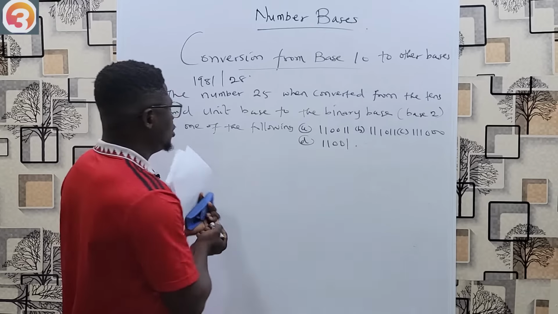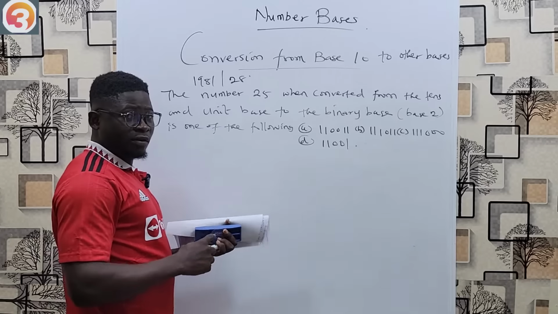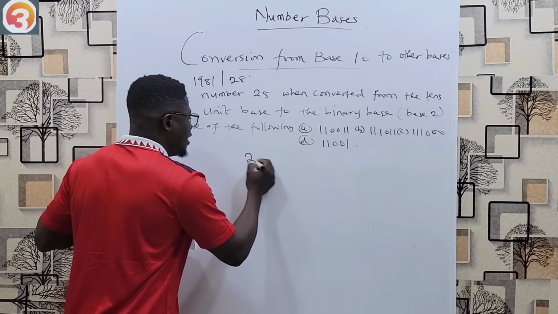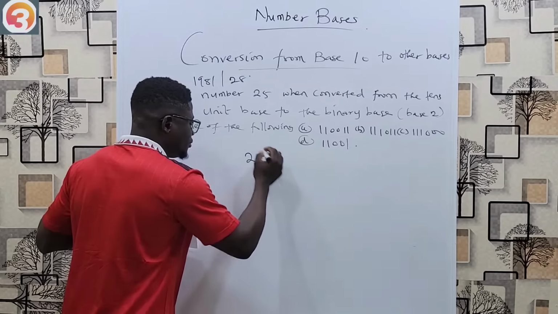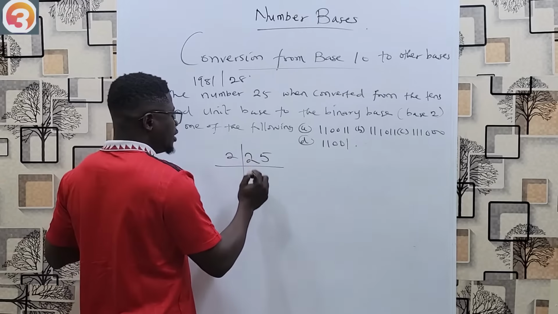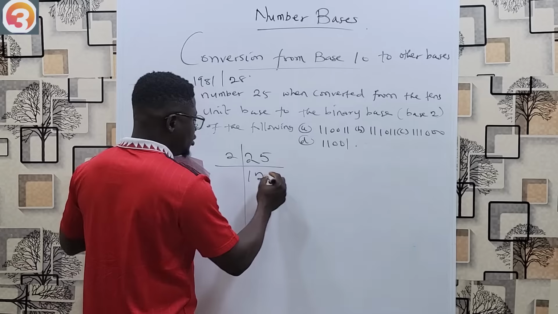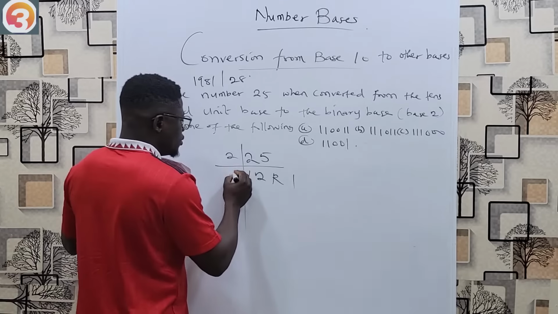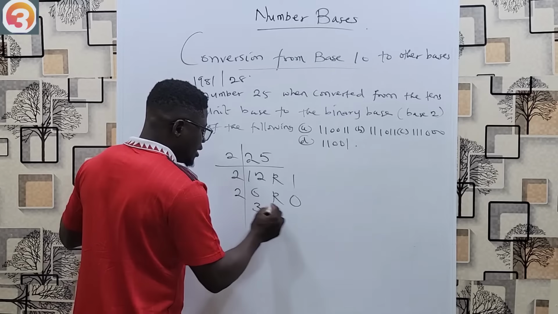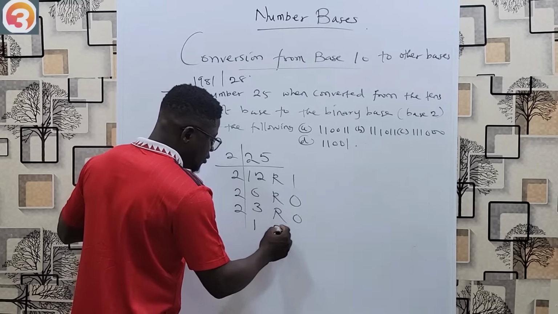What is the result? We are given options. As we have said before, we use repeated division and take our result from the bottom to the top. So I'm going to have 25 base 10, dividing by 2. 2 into 25 is 12 times, 2 times 12 is 24, remainder 1. 2 will go again, 6 times, remainder 0. 2 will go 3 times, remainder 0. 2 will go again, 1, remainder 1.